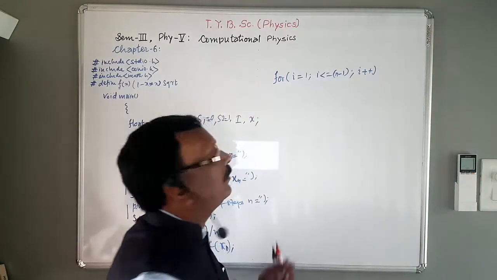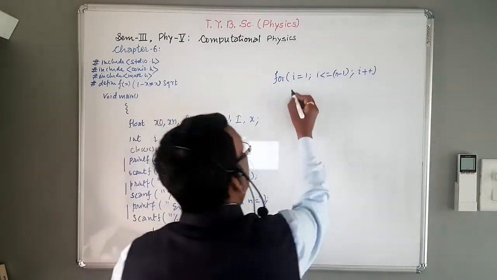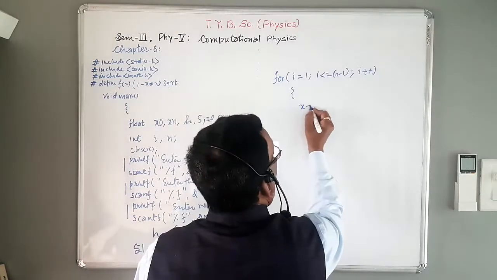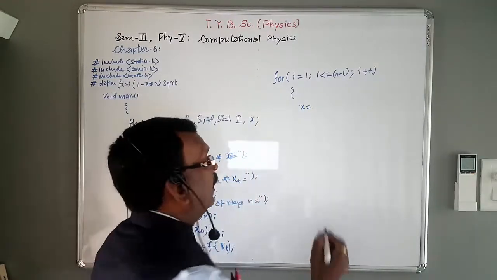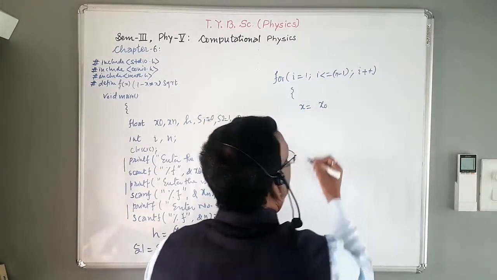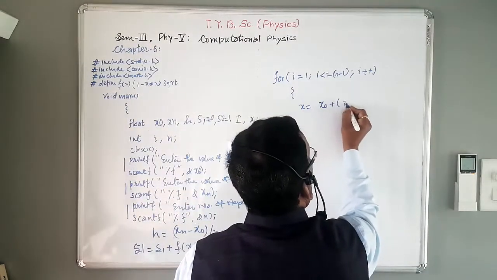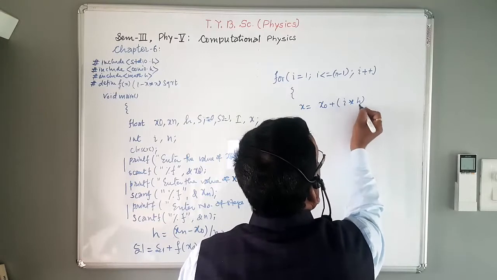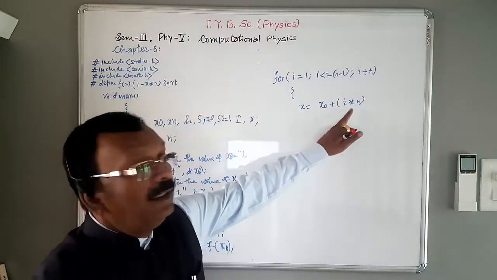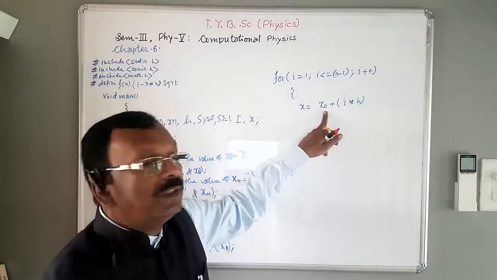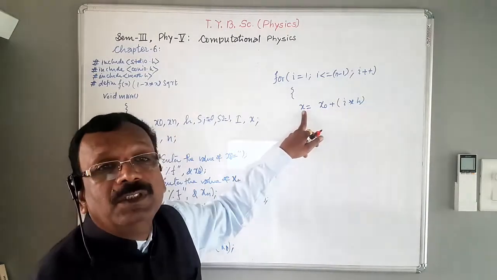So this for loop is useful. In the body of the for loop, we calculate the value of x. For that purpose, we add the product of i and h to x0, and the result is assigned to x.